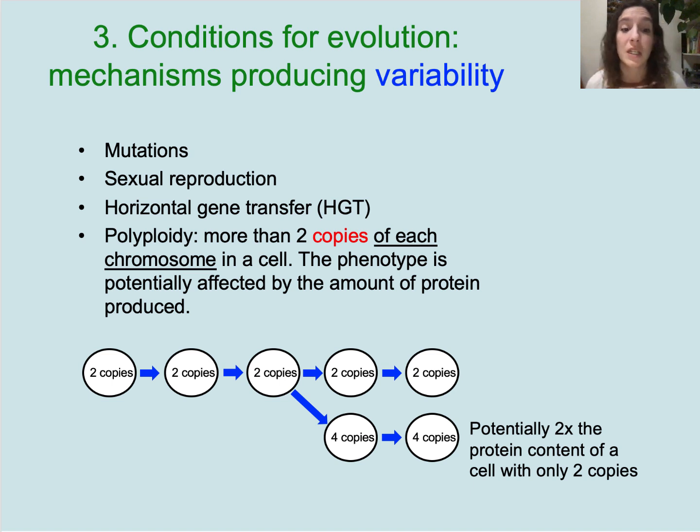And it actually resulted in your offspring having 4 copies, twice as many copies of genes. This could potentially result in twice the protein content of a cell with only 2 copies. So it has twice as many proteins produced, potentially.